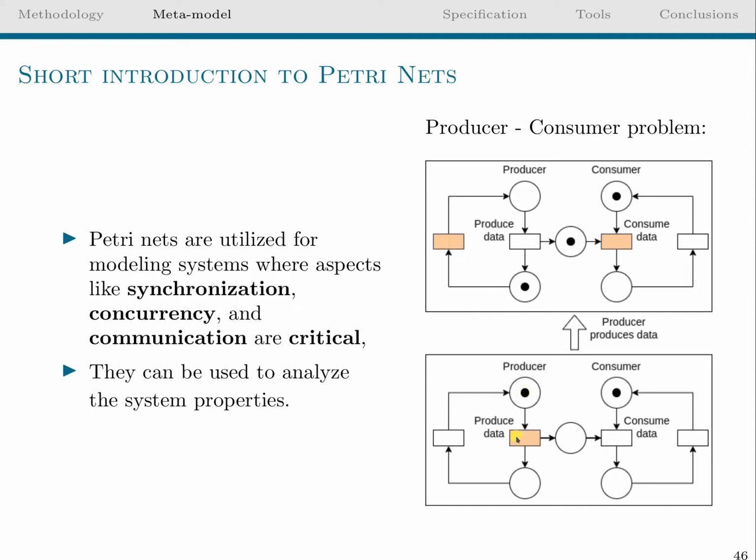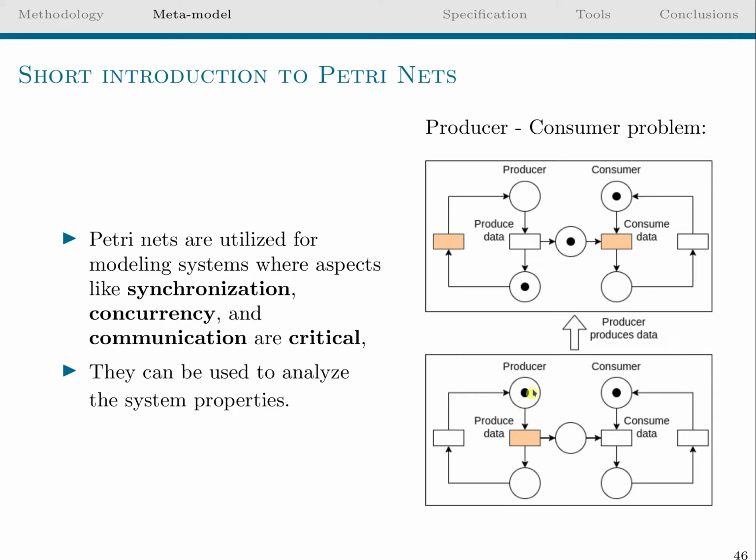And with transition, we can associate operations, activities. We call it firing activity. A transition can fire whenever an appropriate number of tokens resides within the input place of this transition.